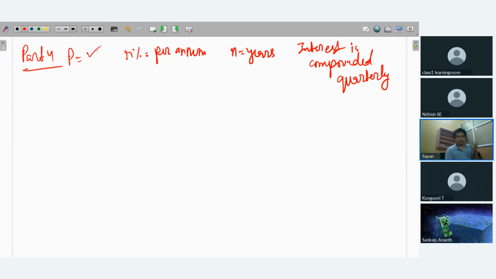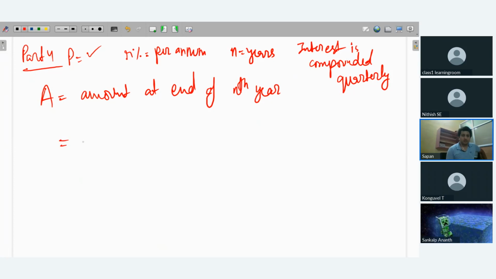When you are given a question, you will be given the value of the principal amount, rate of interest, n years, and the interest is compounded quarterly, half yearly, yearly, or whatever the case. So the amount at the end of the nth year is equal to principal into (1 plus r by 400) to the power 4n.